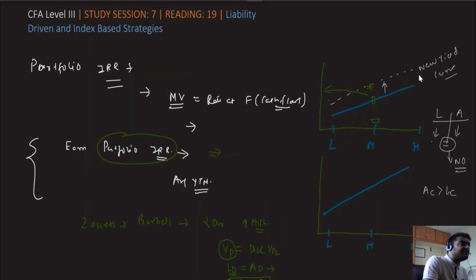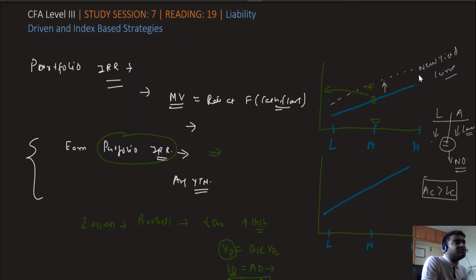The reason we are doing that is, in the new portfolio, the liability side will decrease, which means that it is good for you, right? But the asset side will also decrease, but the decrease in the asset side will be lower than the decrease in the liability side, which means that you are benefited overall in terms of immunization.